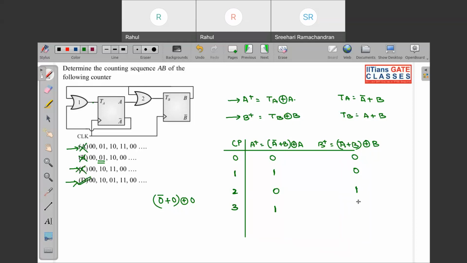So A plus B, that is 1, and B, so this is coming out to be 0, but we are getting 1 1 over here. Why so? So this should be 1 0 we are getting. 0 0, 0 1, no, 0 0, 0 1, 1 0, this is 0 0.